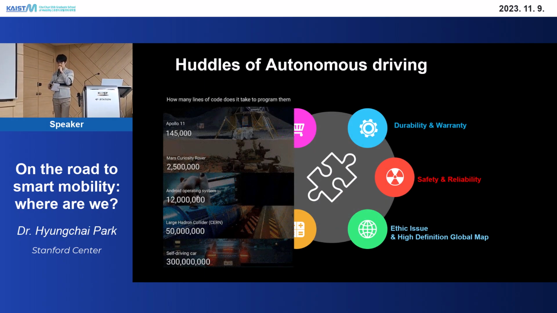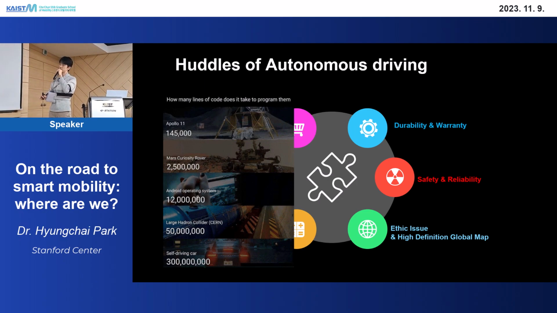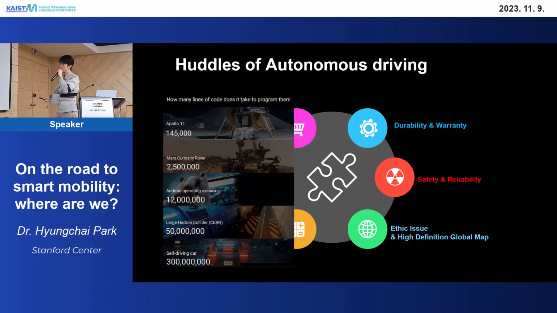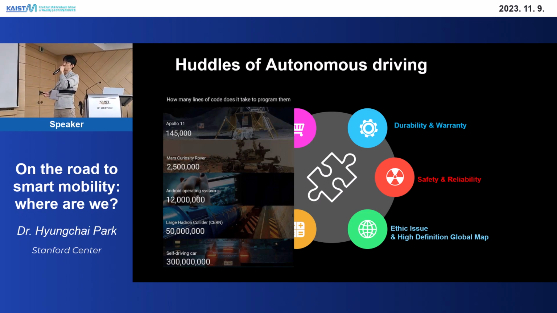And also, forget everything I mentioned previously. Just think about autonomous driving in terms of software implementation. These numbers show the lines of code required to complete each project.